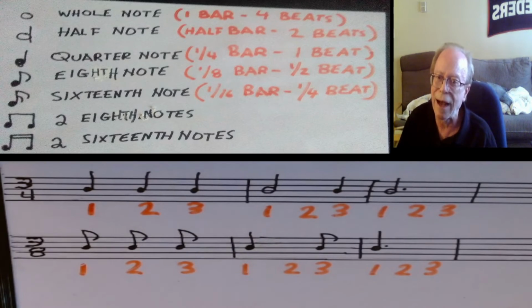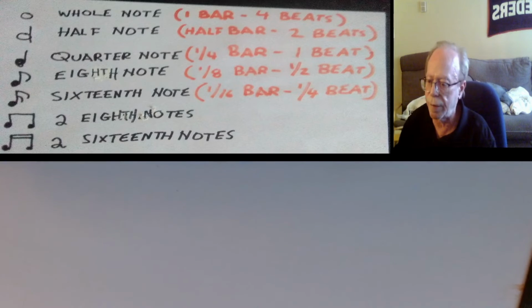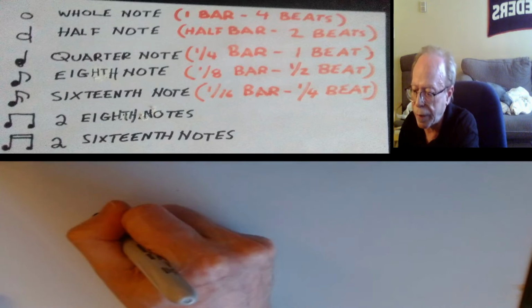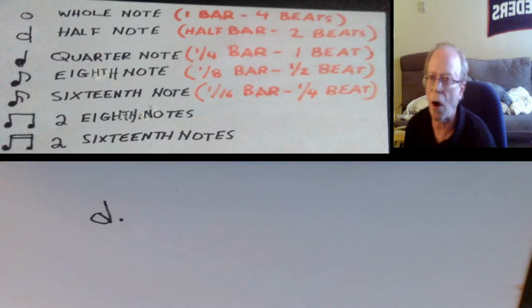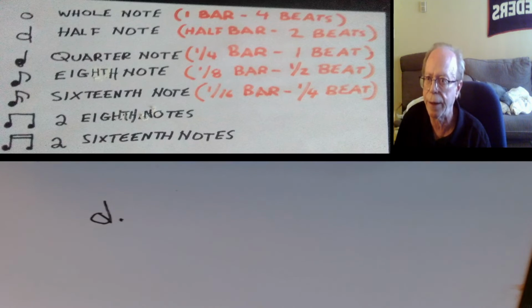All right. Now, what I'm going to show you next, and I'm probably going to draw this because it makes it a little easier here. I showed you there's a note on the top there with a dot after it. Okay? This is a dotted half note, all right? Now, what does that mean? The dot means it actually adds half the value.